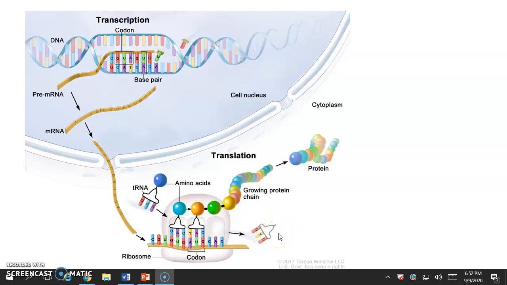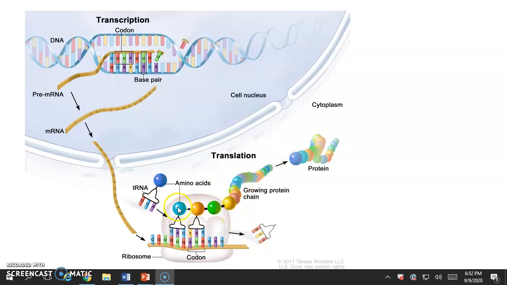All right, and this will continue on. So now that we start having these amino acids being placed in the proper position thanks to the transfer RNA binding to the little codons of the messenger RNA, then our little protein chain, our polypeptide, as they call it, the growing protein chain, will just get longer and longer and longer and longer.